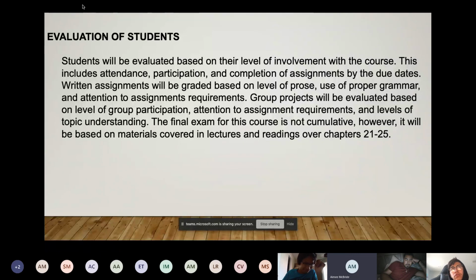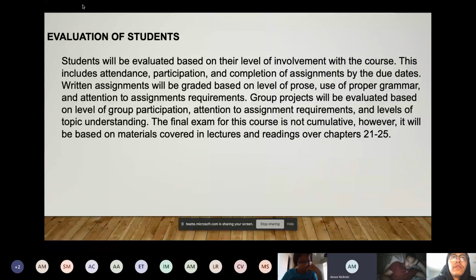Group projects will be evaluated based on the level of group participation, attention to assignment requirements, and levels of topic understanding. Your only group project is your censorship project. So that's the only group one that you have to worry about.